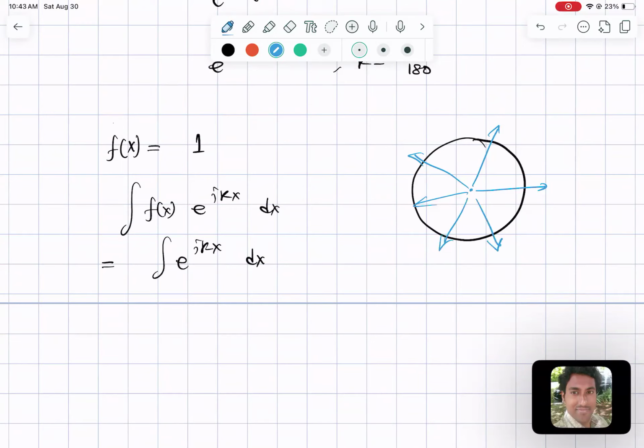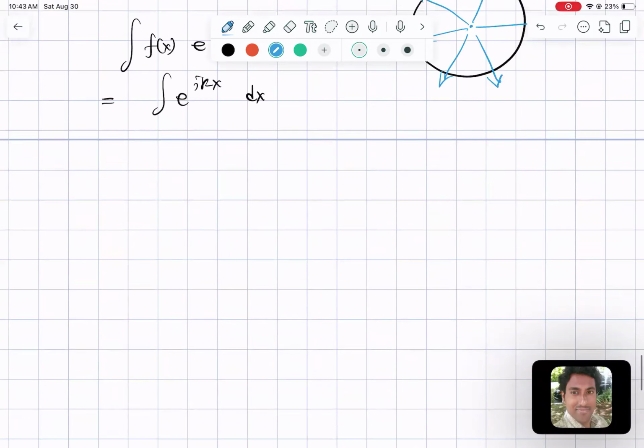Okay. And when you add up all these, what do you get? So what happens if you add up two vectors that are pointing in opposite directions? Anyone? They cancel out each other. They cancel out, we get 0, yes.